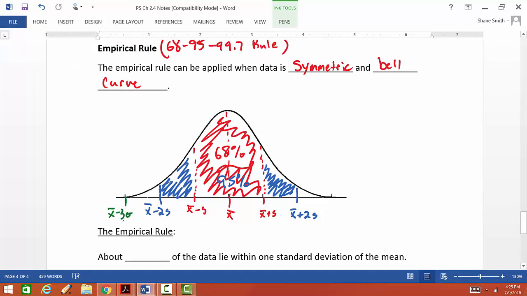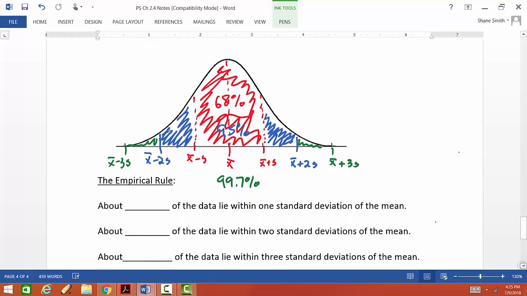In fact, it looks like the curve is touching the axis. It's actually not, but it looks like it is, because that is almost all of it. That becomes 99.7%. So that's where the 68, 95, 99.7 comes from.